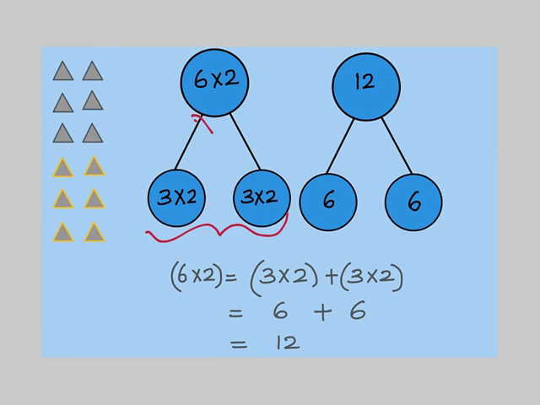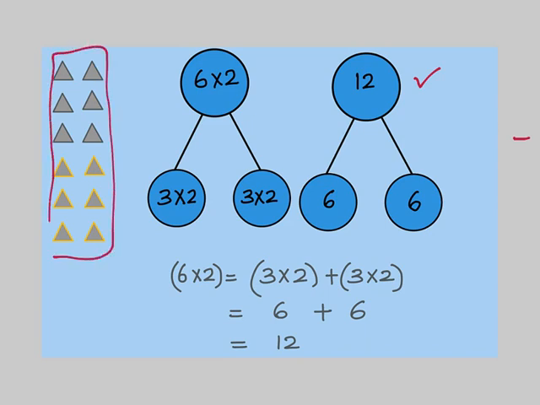And this 3 times 2 is the second part, and also it has 3 rows of 2. 1, 2, 3. 3 rows of 2. We know that 3 times 2 is 6. And 6 times 2 is 12. So the total number of triangles is 12.